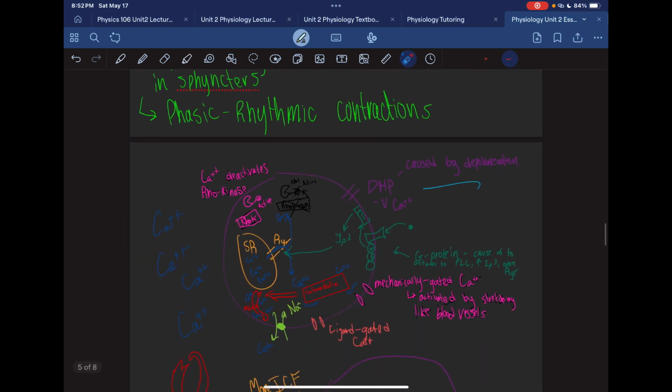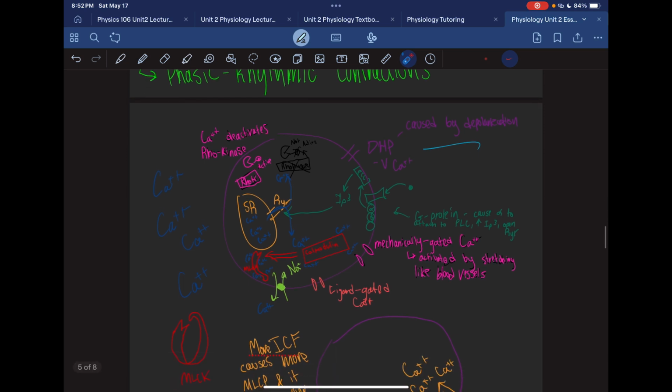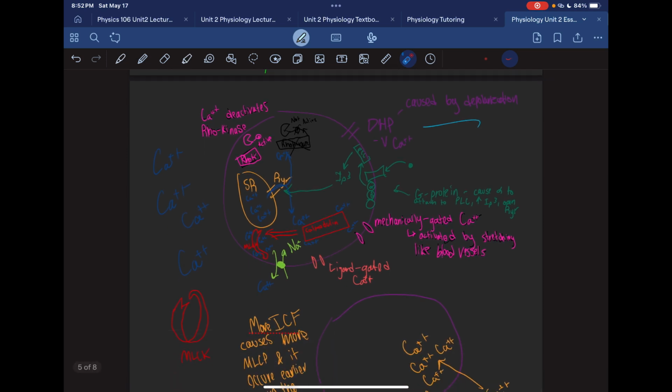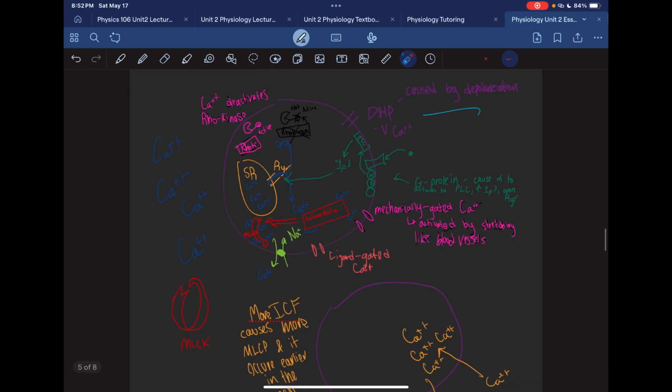Let's move into how calcium impacts the smooth muscle of the cell. So first and foremost, we have our DHP channels, which are opened by depolarization.